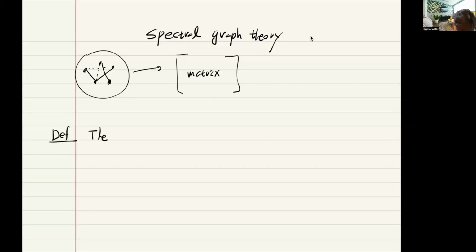The first is the most obvious one, which is called the adjacency matrix. We usually write A sub G for this, but we often omit G if it is clear from the context what graph we are talking about.